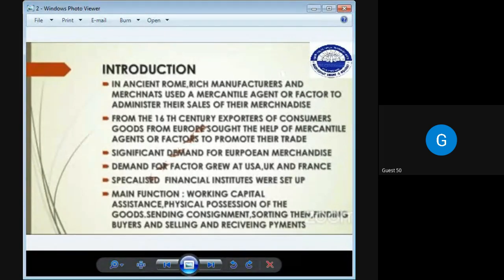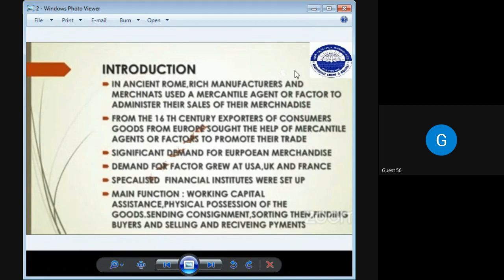So to learn about factoring, we need to know some history of factoring. In ancient Rome, rich manufacturers and merchants used a mercantile agent or factor.